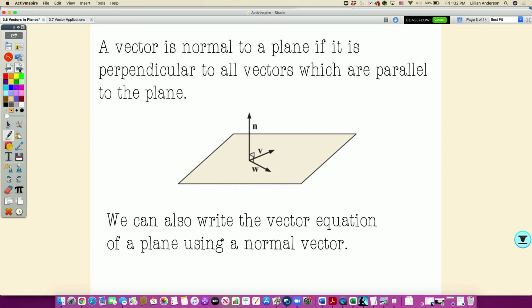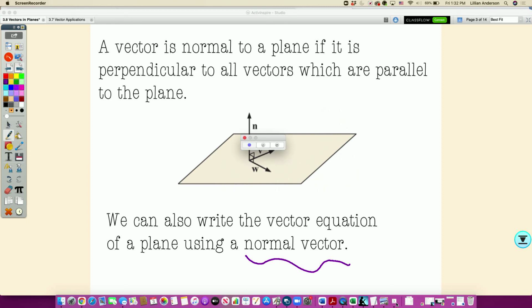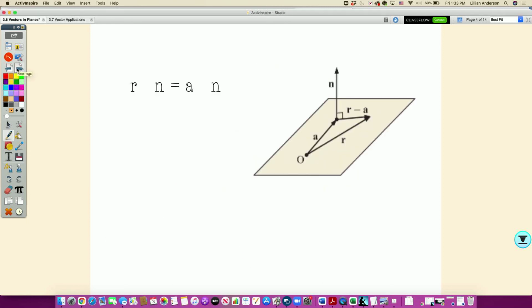When you have a vector that's normal to a plane, there is an alternate way that you can write the vector equation, and it's how you would want to write it when you're given a normal vector. That's on the next slide.